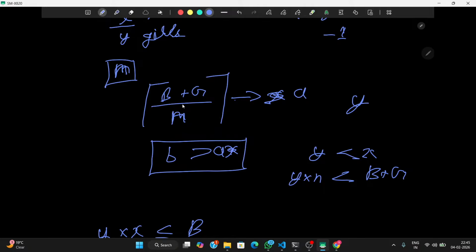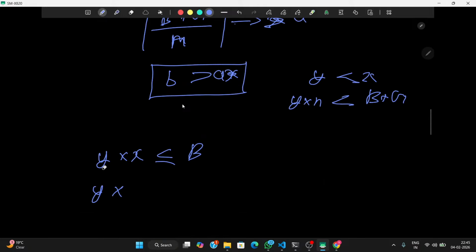Let's call it t actually. So if we need t number of rooms, then t into x should be less than or equal to b, since in every room there should be at least x boys.